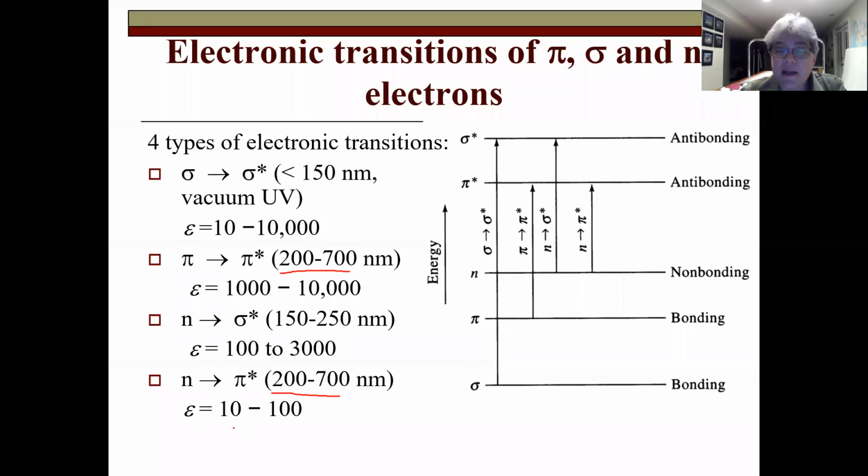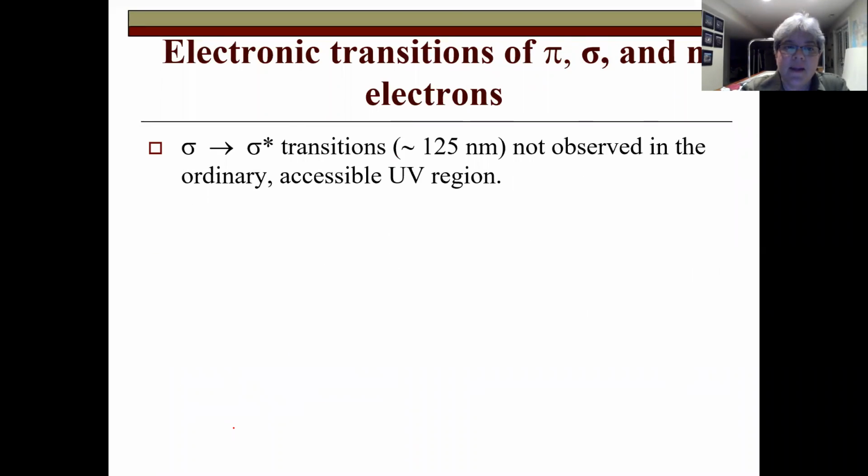Okay, so taking a closer look at these four types of transition. The sigma to sigma star, these are in the far UV, and so they're not easy to measure. So these are not going to be useful for us. We're not going to talk about these again. Okay, so we're done with those.